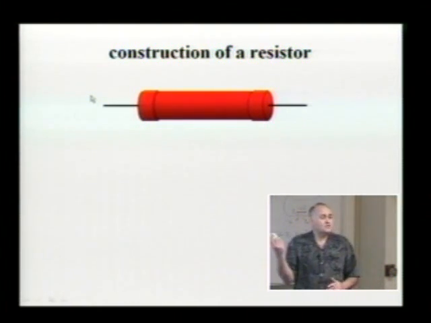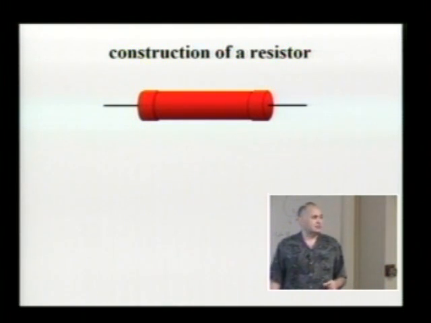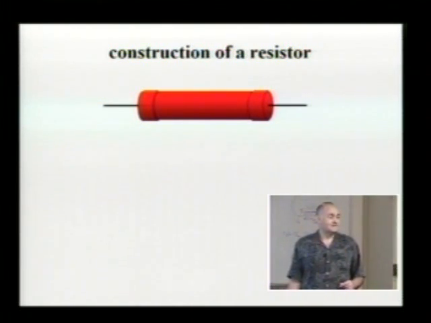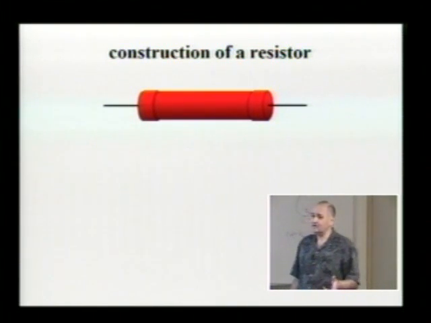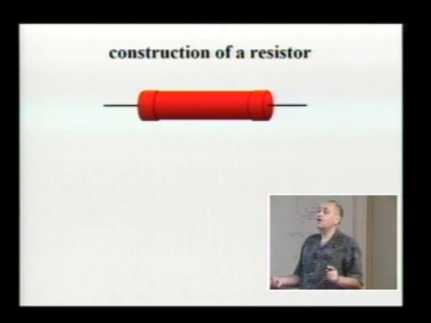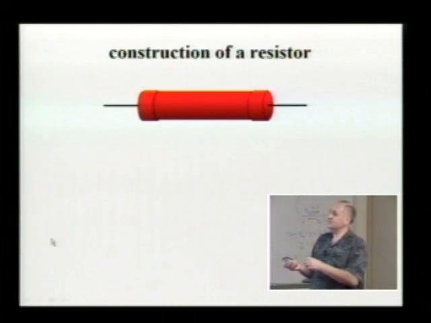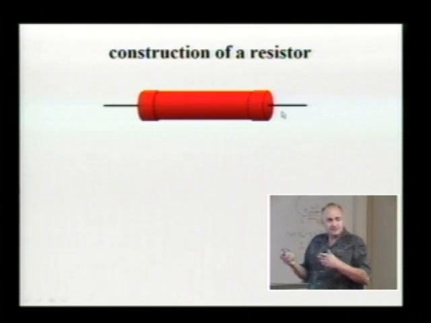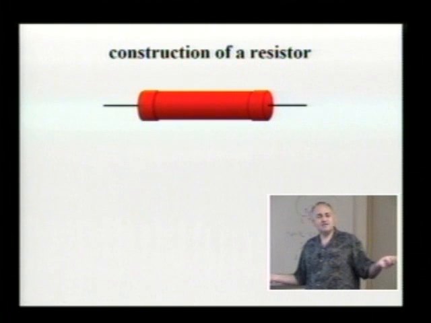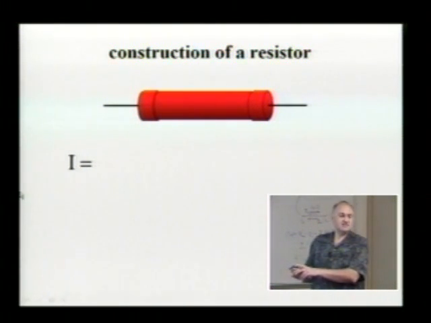So what do I have to verify in order to determine if this is really a resistor? Do you remember what we had to verify? Oh, very good, Anna. We have to verify that the potential difference across this device is proportional to the current flowing through this device.